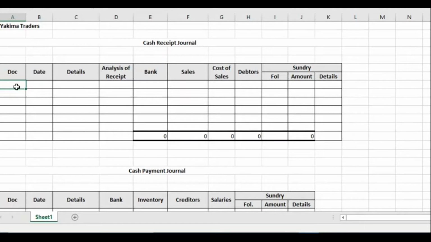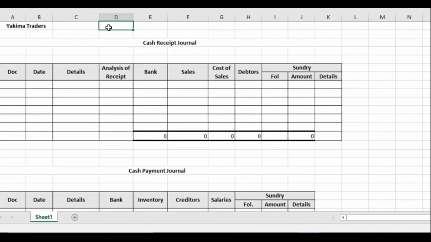So it starts off like this. Yakima Traders sells clothing to the public. A constant gross profit percentage of 40% on cost price is maintained. So we now know for a fact that our gross profit is 40% on cost price.